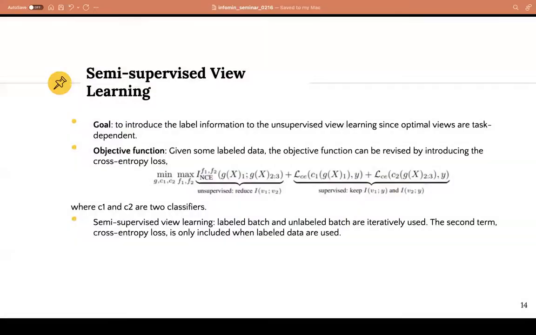And they also want to introduce some label information to the previous unsupervised view learning, since the optimal views are task dependent.